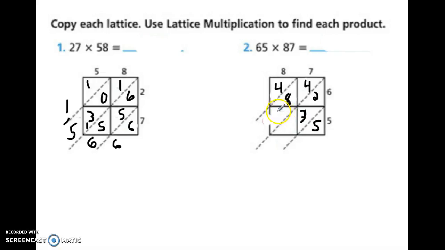And 5 times 8 is 40. We add them up. So we get 5, 5, 4, 8, 16, 6, and I have to carry my 1 up here. 4 plus 1 is 5. So you would have gotten 5,655. All right, that completes our review of multiplication.